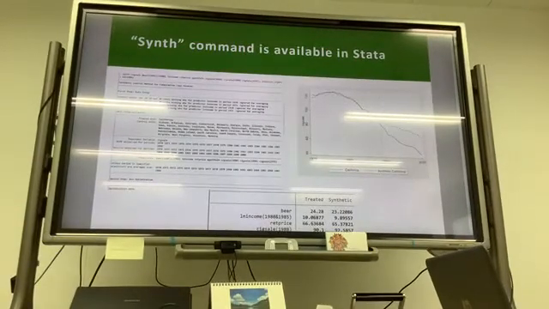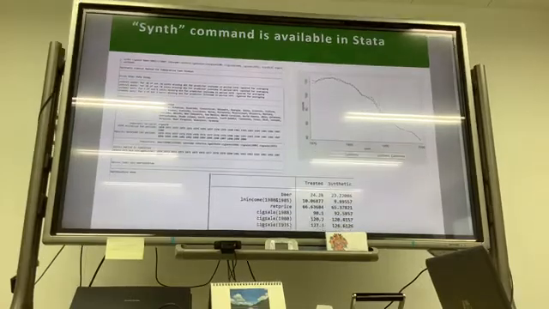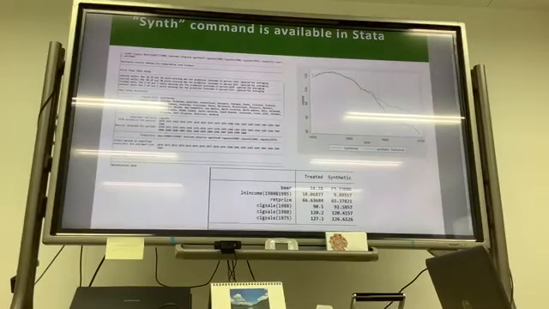And we can do this method, synthetic control method, using the synth command, and we can obtain a similar graph right here.